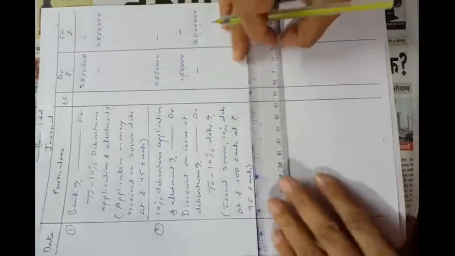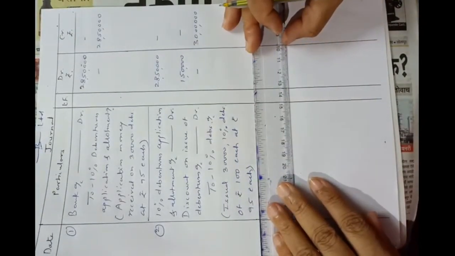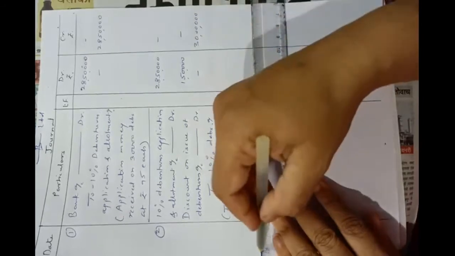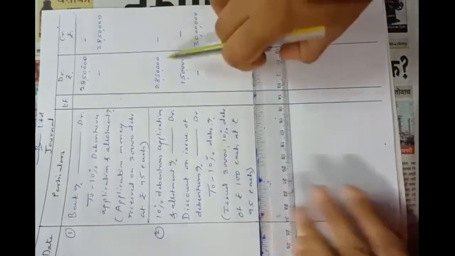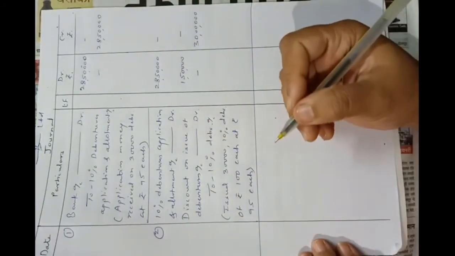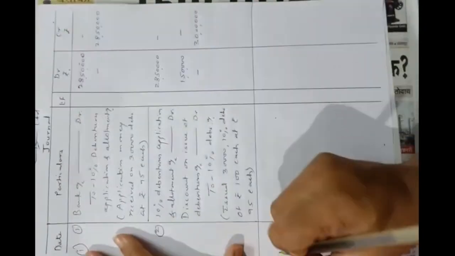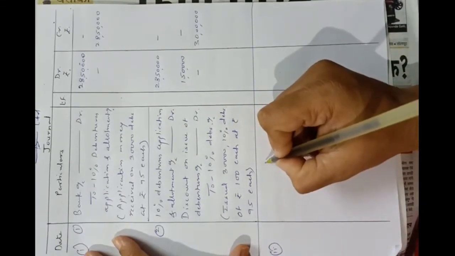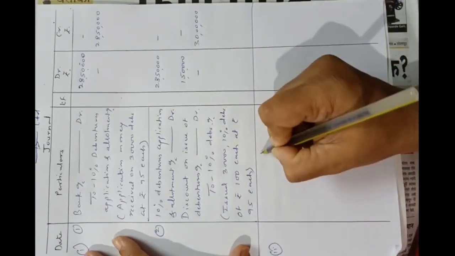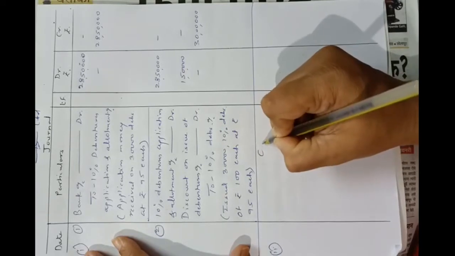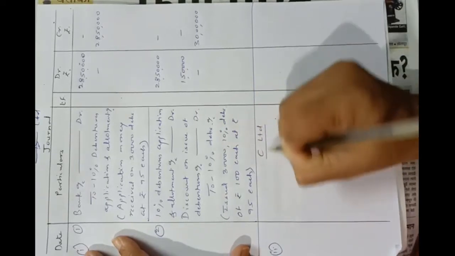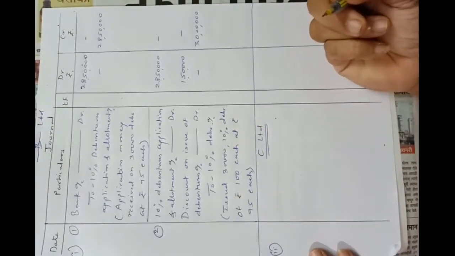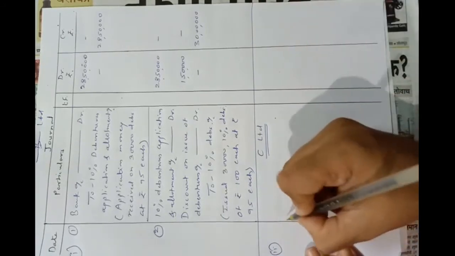This will be the narration, and this is the last entry of first condition. Now second condition. Here in the books of C Limited, second condition is in the books of C Limited. Okay, we will pass first entry now.